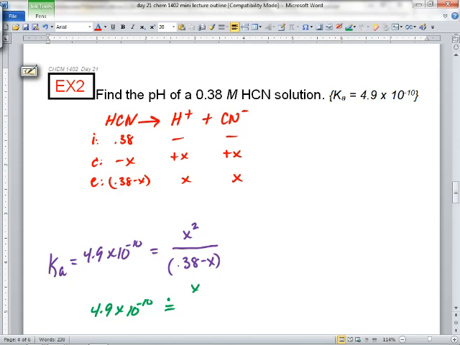It's just x squared over 0.38. Wouldn't that be nice? Because how would you solve that? Multiply both sides by 0.38, then take the square root, and you're done. No quadratic formula, right? Just being able to drop these little minus x's, right?